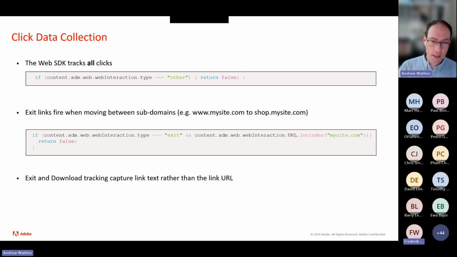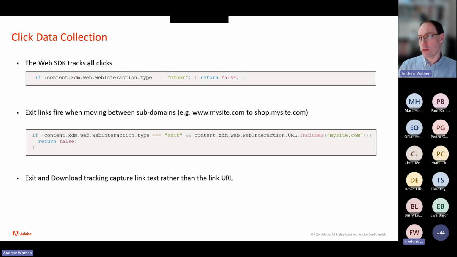And finally, exit and download tracking. This is probably slightly more debatable as to whether you'd want to stop this or not. But effectively, they've made a change to how exit and download tracking works.